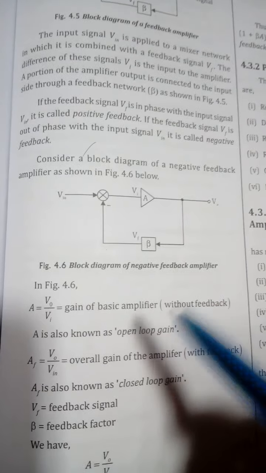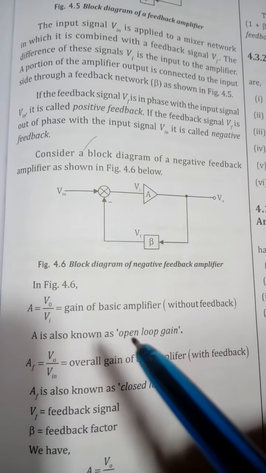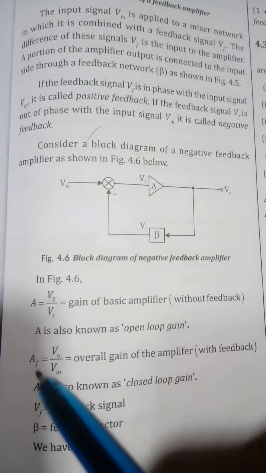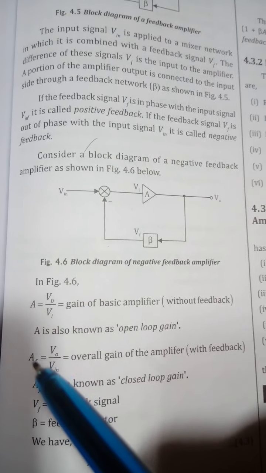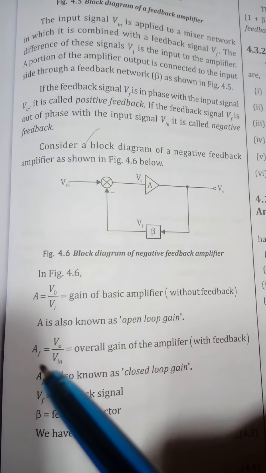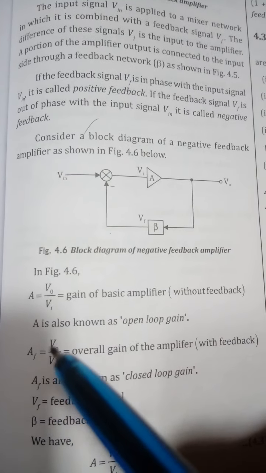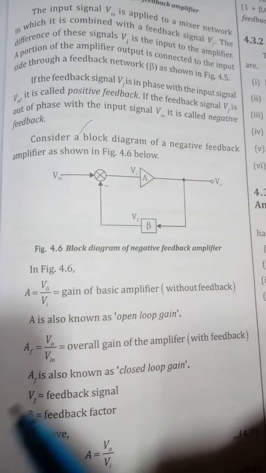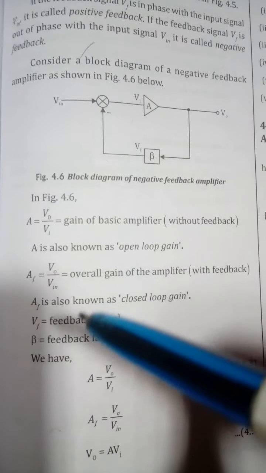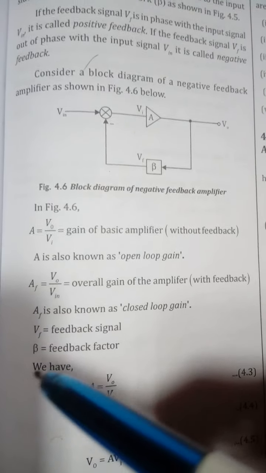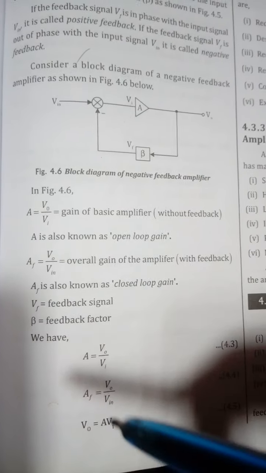This is a basic amplifier without feedback, and it is known as open loop gain. AF is with feedback. Normal A is without feedback, AF is with feedback. So it is V naught by V in. This is the overall gain of the amplifier, and this AF is called the closed loop gain. Here Vf is the feedback signal, beta is the feedback factor.